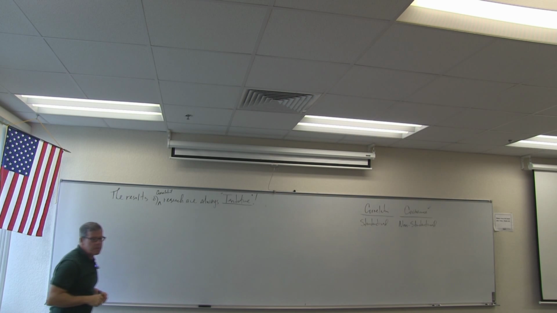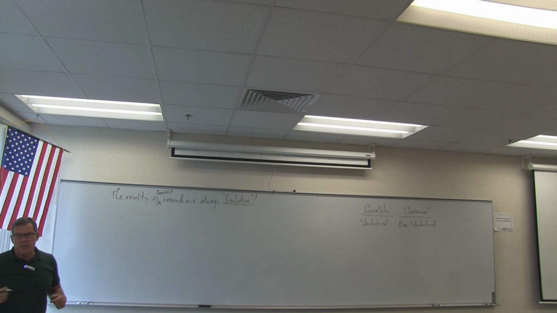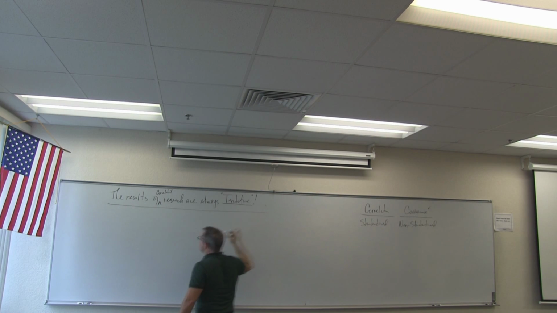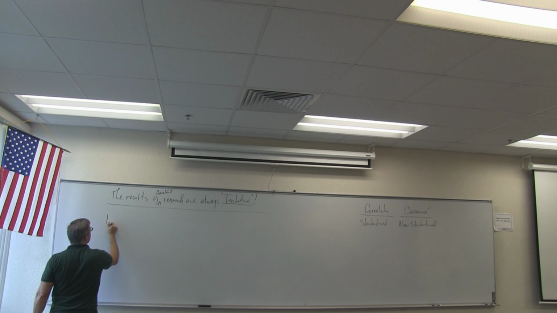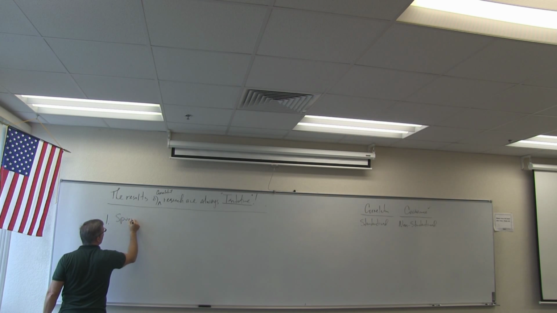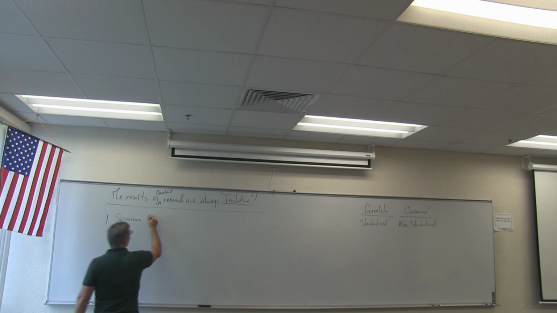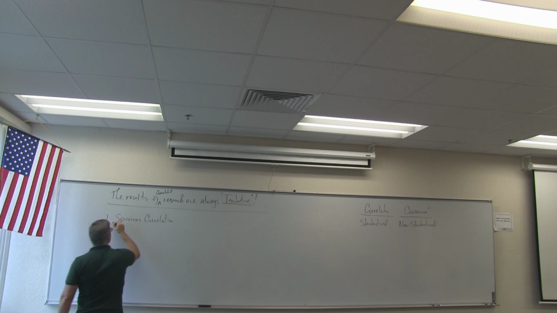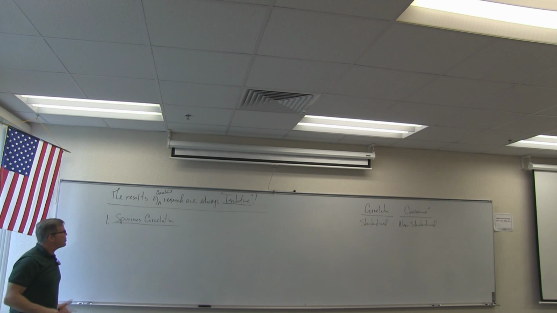Now again, this is an intro stat course. Google introductory statistics, or even just Wikipedia, and you're going to see a lot of these terms, one of which is the notion of the spurious correlation. The results of correlational research are always tentative because we may have a spurious correlation.